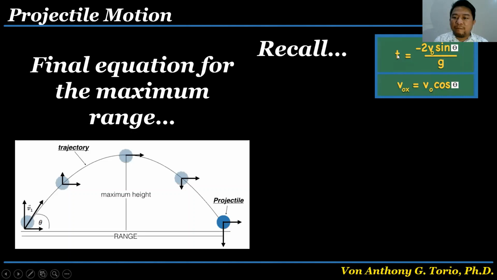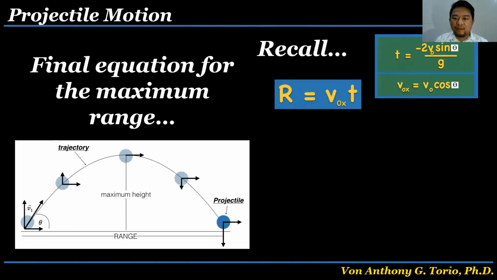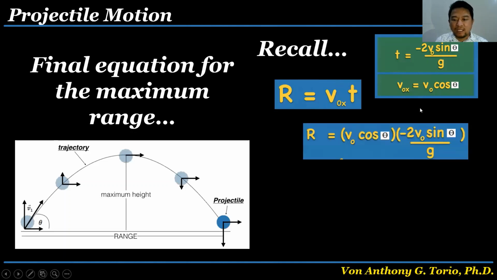That's capital T, or in this case, I represented it with lowercase t to symbolize the total time of flight. And the expression for v naught x is v naught cosine theta. We simply plug in those values, substitute, and you'll get this expression. V naught cosine theta times negative 2 v naught sine theta over g.